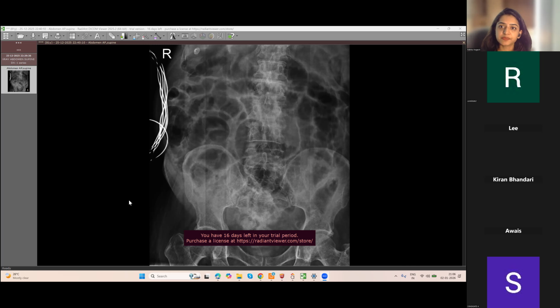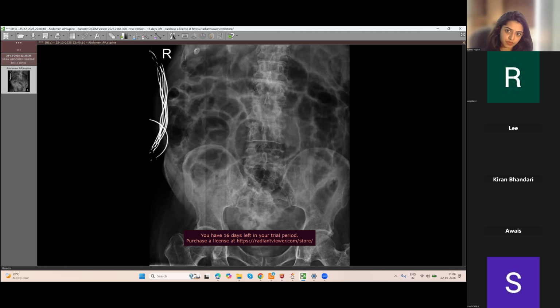So this is an X-ray abdomen AP view. I can see multiple dilated bowel loops in the abdomen, predominantly in the central distribution. These are likely small bowel loops, as I can see the valvulae conniventes. I'm trying to look for the cause of this dilation, and I cannot see any definite radiodense calculus within it.